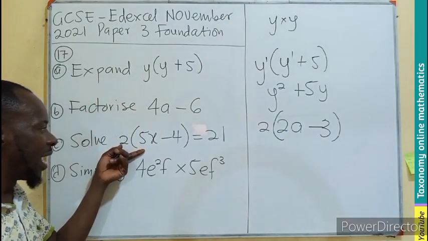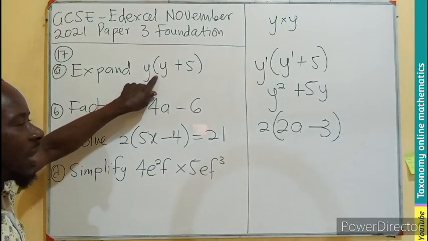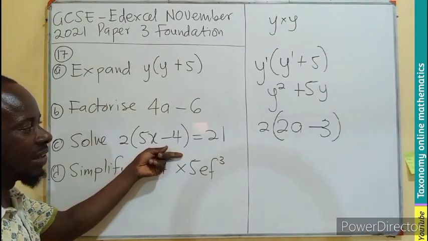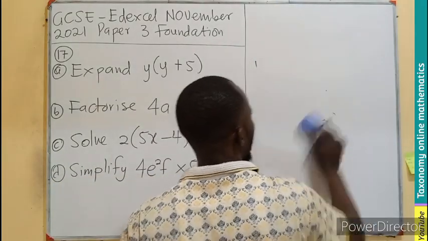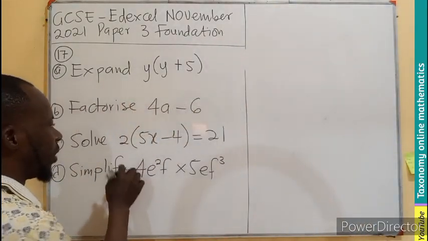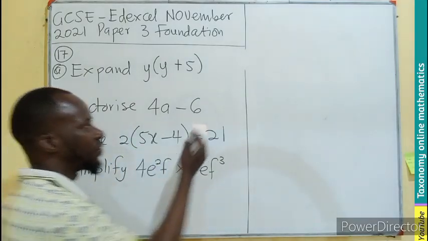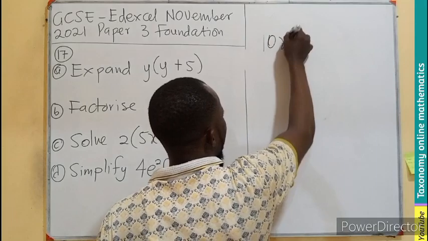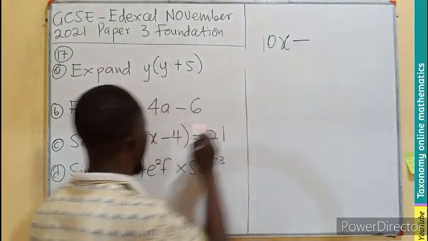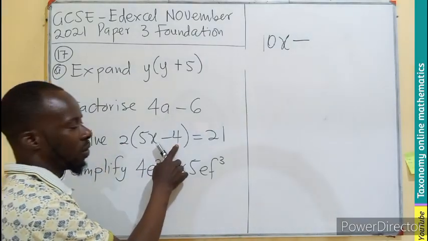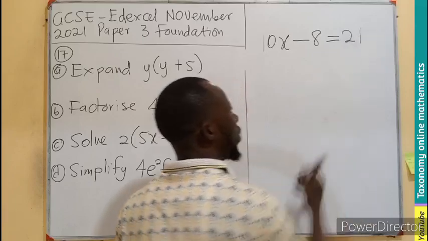Alright. Then here we are having an equation. So we are going to perform the expansion on the left hand side to be equal to the right hand side. So that is going to mean that 2 will multiply 5x, and 2 times 5 will give us 10x. Then minus 2 times 4, and that will be 8, and still equals 21.